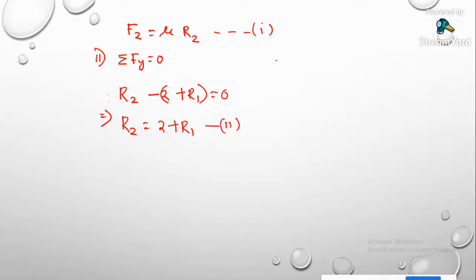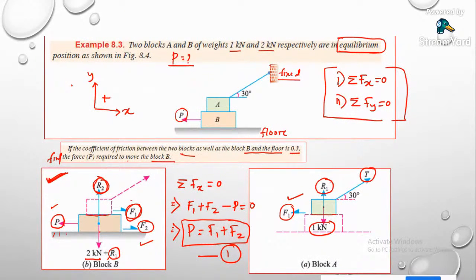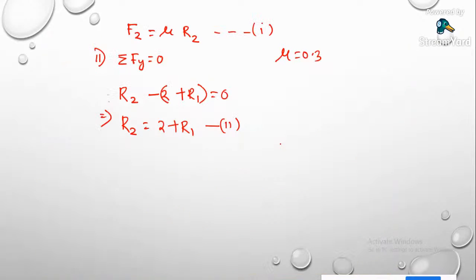Mu is given to us as 0.3. Now F2 will be equal to mu into 2 plus R1, that is 0.3 into 2 plus R1.